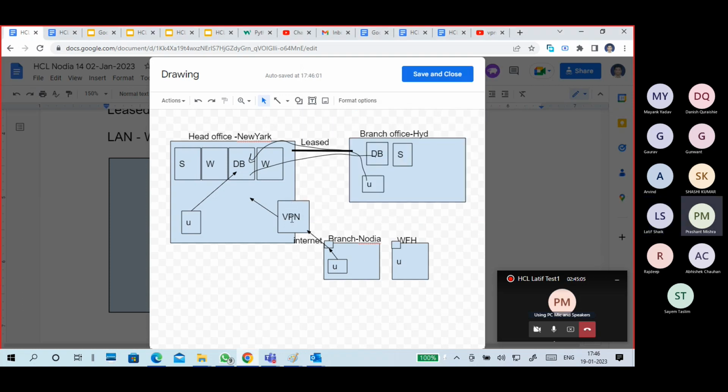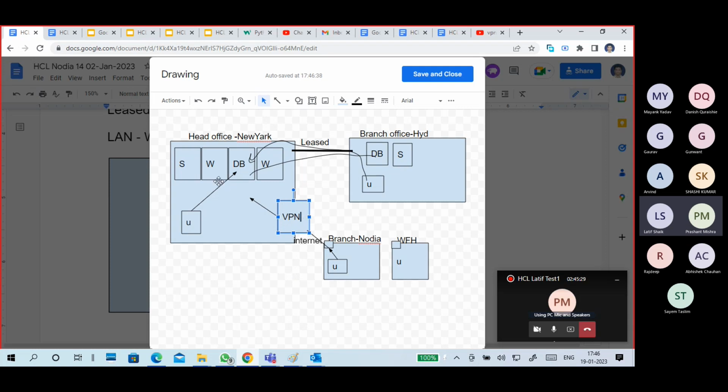Once you are connected, the VPN verifies your user identity, username and password, and there are tunneling protocols as well. It verifies your identity, authentication and authorization.